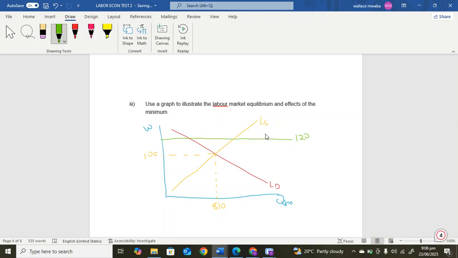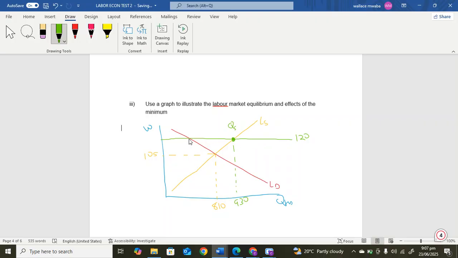All right. So from this graph, we can even tell there's an excess, because where this 120 cuts the supply curve, that's the quantity supplied, which we calculated as 930.